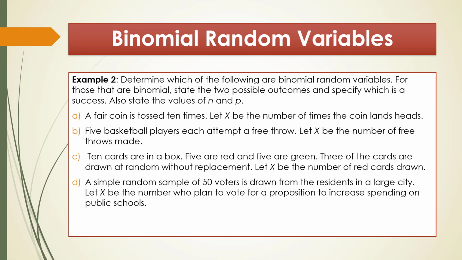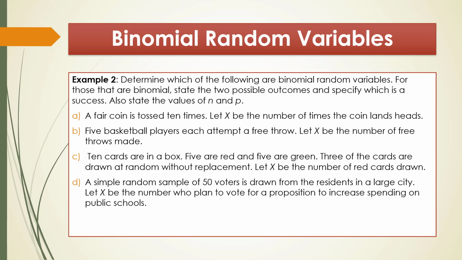Let X be the number of free throws made. C, 10 cards are in a box, 5 red, 5 green. 3 of the cards are drawn at random without replacement. Let X be the number of red cards drawn. D, a simple random sample of 50 voters is drawn from the residents in a large city. Let X be the number who plan to vote for a proposition to increase spending on public schools.